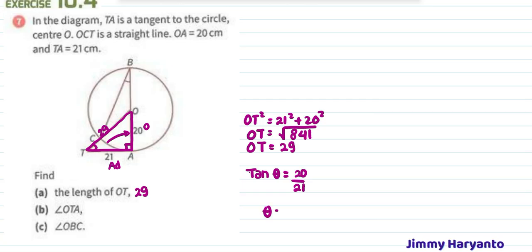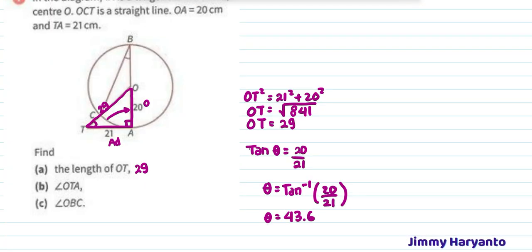That means theta will be tangent inverse of 20 over 21. The value of theta is 43.6. So this one is 43.6.